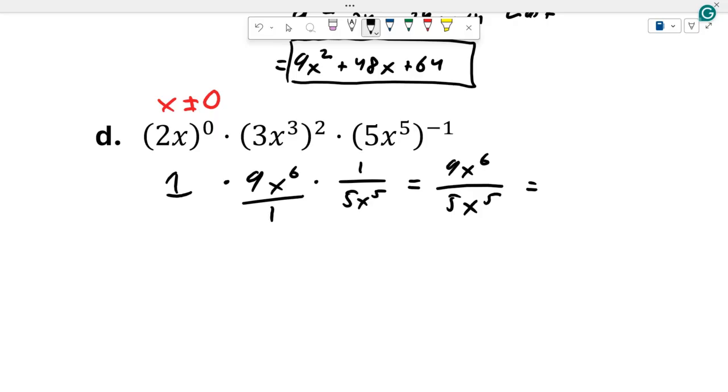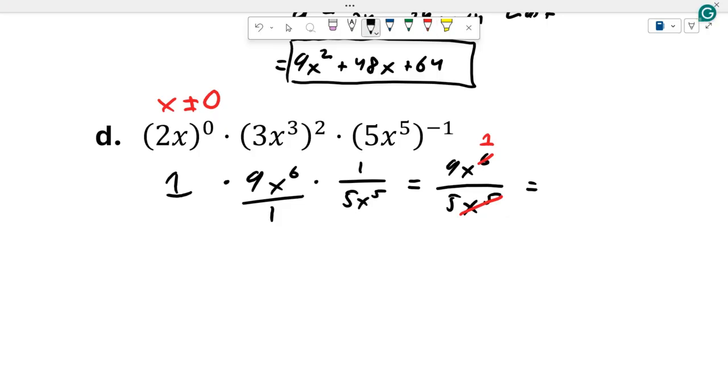So the 9 and the 5 are going to stay, and then I have 6 x's in my numerator, and I have 5 x's in my denominator. So all 5 of those are going to go away, and of the 6, only a single x is going to remain in my numerator.